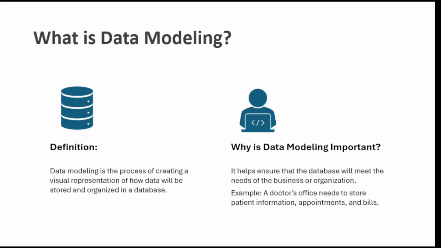In data modeling, we decide what entities, or things, we need to store. Each entity is something like a person or a store. We also decide what attributes, that means the details of the entity, they have, and how they are related to each other.